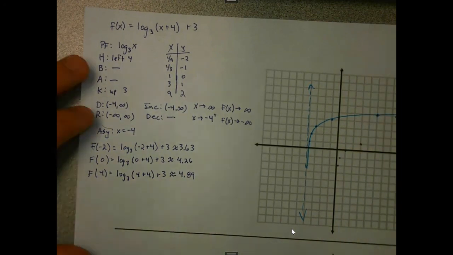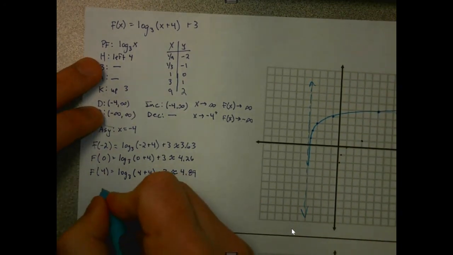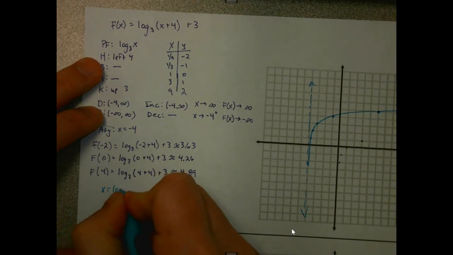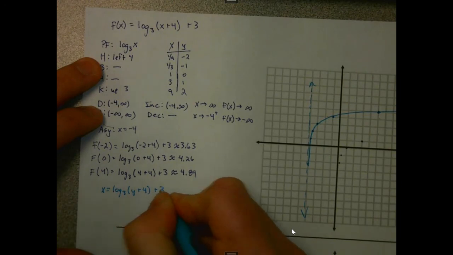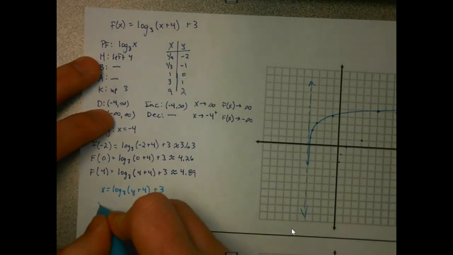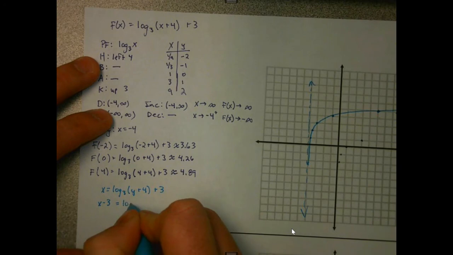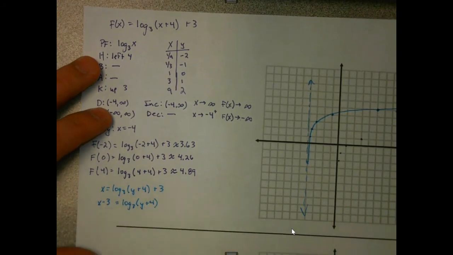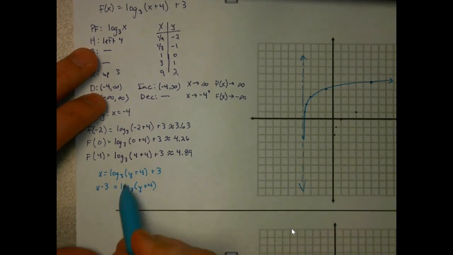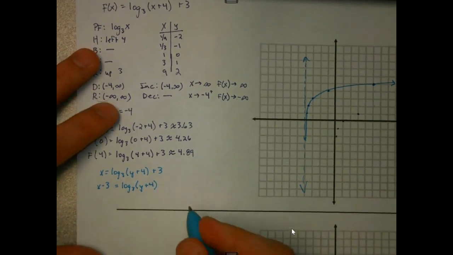Okay, to find the inverse, we switch x and y. So we'd say x equals log base 3 of (y plus 4) plus 3. So we're going to subtract 3. So x minus 3 equals log base 3 of (y plus 4). In order to get it out of logarithm, we need to rewrite it as exponential.